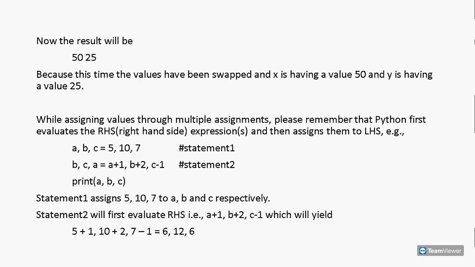The statement 1 assigns 5, 10, 7 to a, b and c respectively. The statement 2 will first evaluate right hand side, that is a plus 1, b plus 2, c minus 1, which will yield 5 plus 1, 10 plus 2, 7 minus 1 equal to 6, 12, 6.